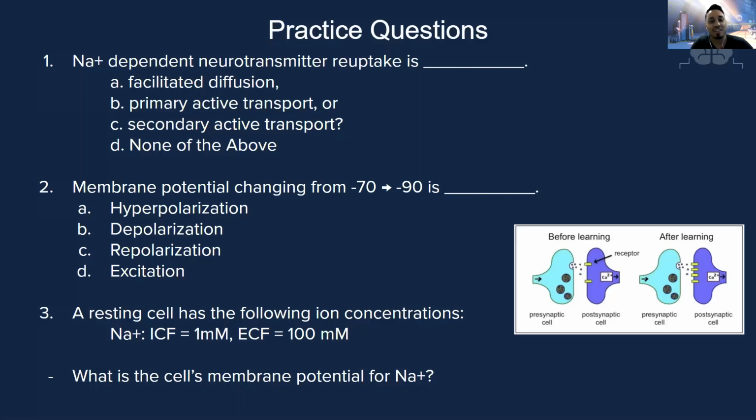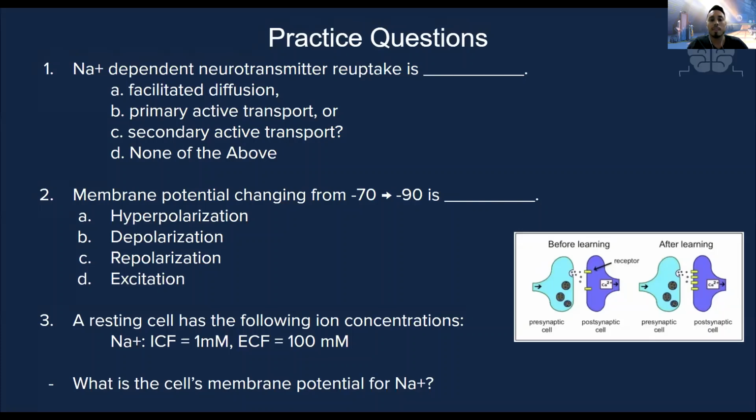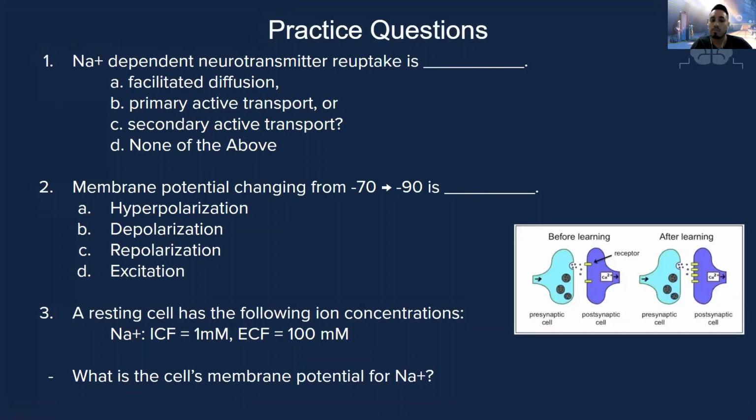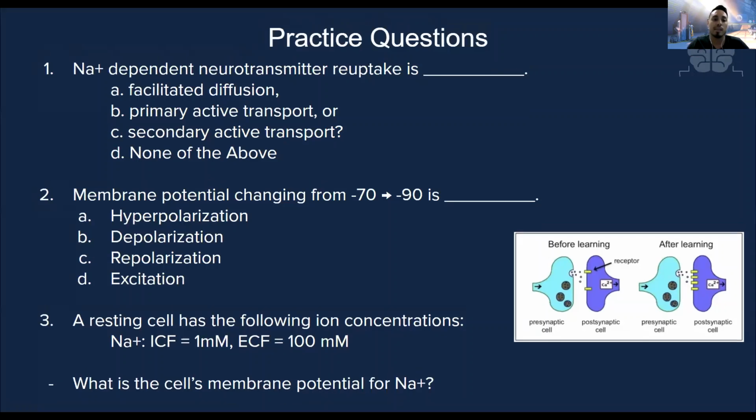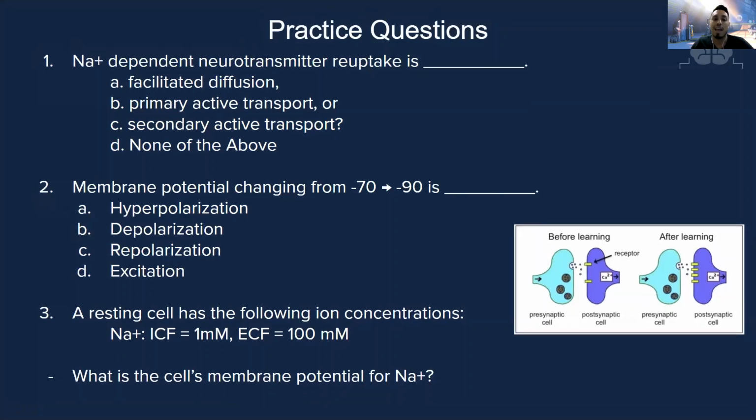So if you have that currency, you're able to transport across. Whereas secondary does not require ATP, it requires some other mechanism to make this movement happen. Because it's dependent on the sodium concentration gradient, not ATP, it's secondary active transport. And because that sodium concentration gradient is there, it's enabling the neurotransmitter to be moved across the membrane.